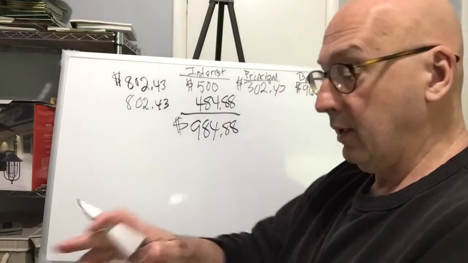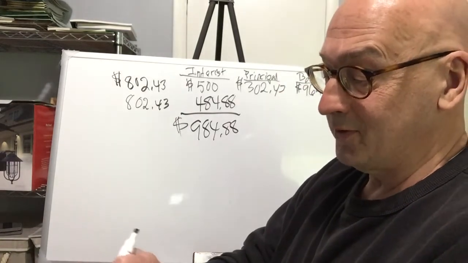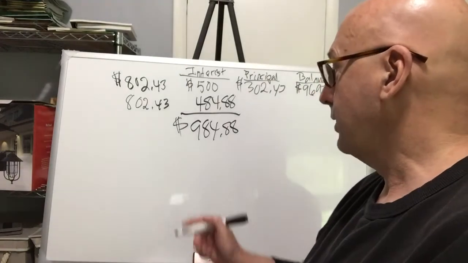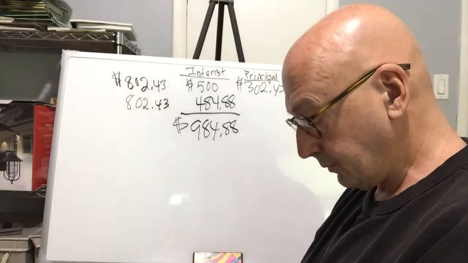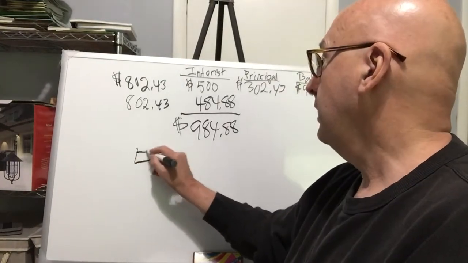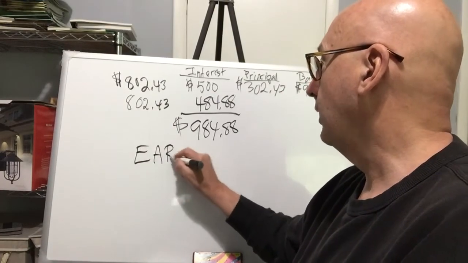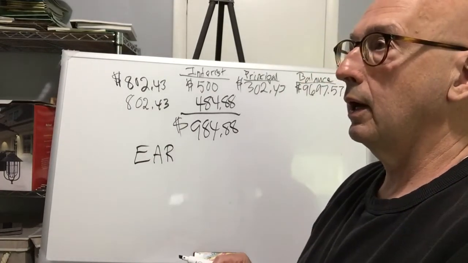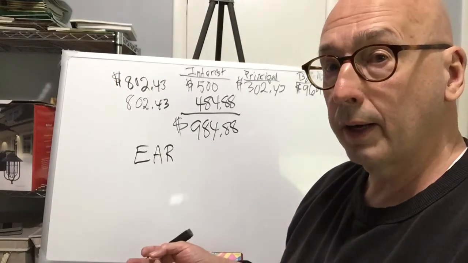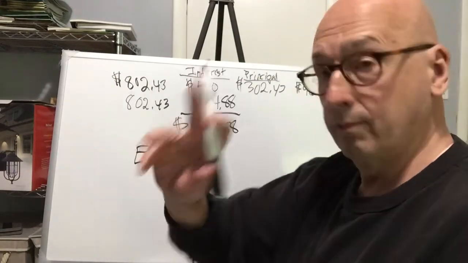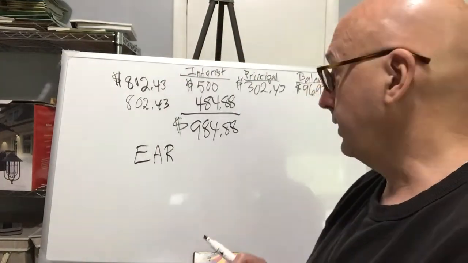What APR should you charge your customers? All right, so this one's going to be a little convoluted. Now remember, EAR would be simple compounding, I mean compounding just once over the year.